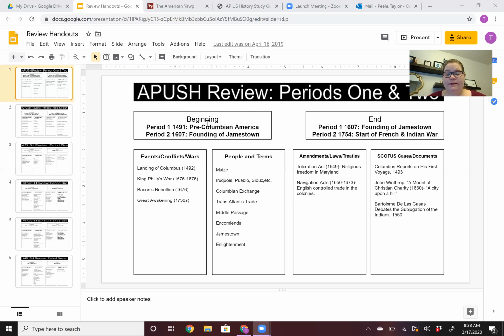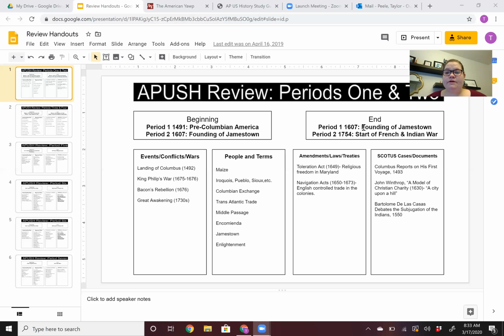And then period 1 ends in 1607, which is, as we know, the founding of Jamestown, which was the first enduring English settlement in the New World. The first one that didn't fail, give up, get lost, etc. And of course, there were others before, and there were other Europeans wandering around the Americas before that too, but this begins our history of the United States.